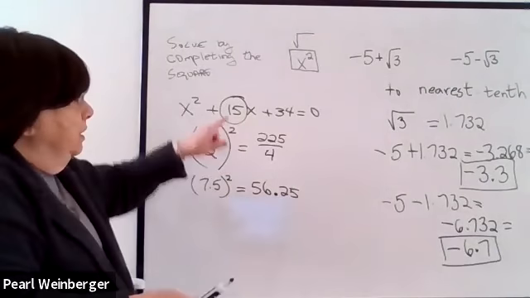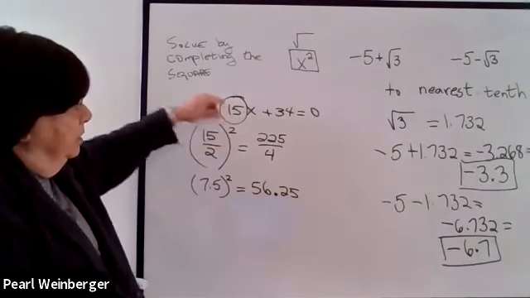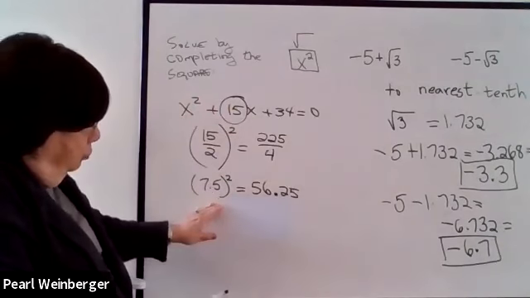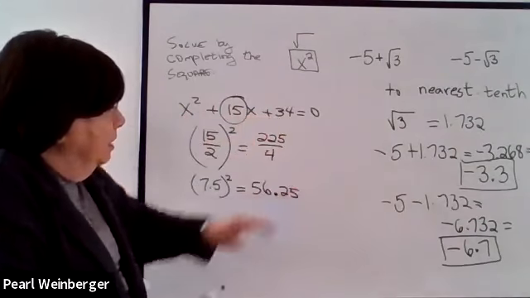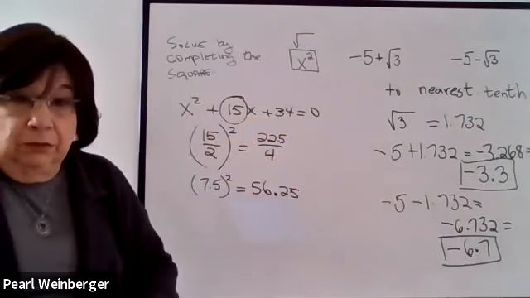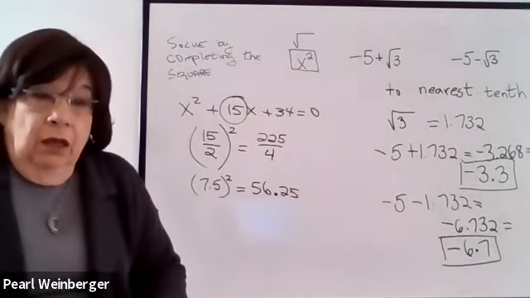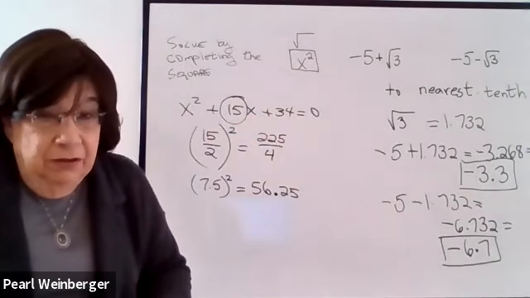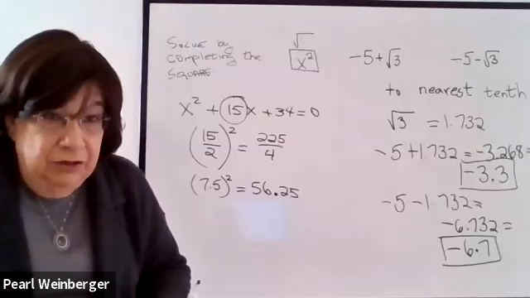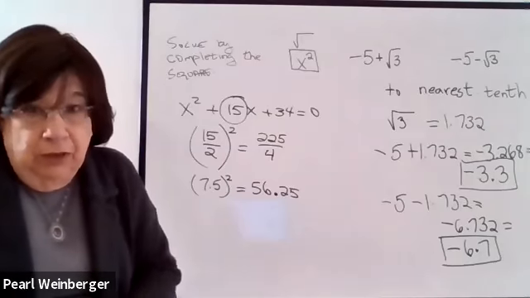If your number is odd, then you're going to get fractions or decimals, and the number you have to add becomes a fraction or a decimal. Therefore, for this particular case, I would not like to use the completing the square method.